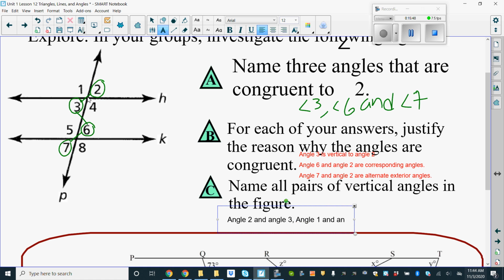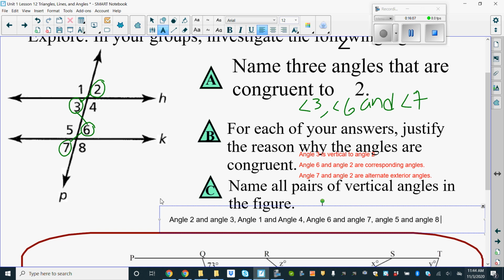Angle 1 and angle 4. Now we go to the bottom, 6 and 7 across from each other and meet in the middle. And then lastly, angle 5 and angle 8. Okay? So those are your vertical angles.